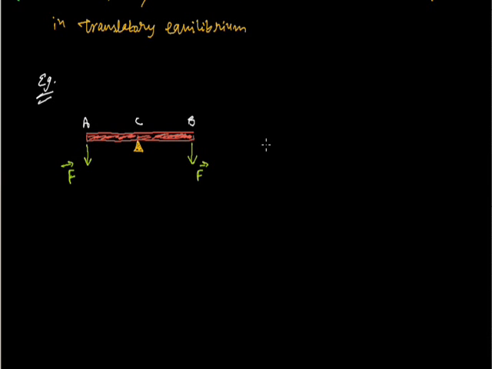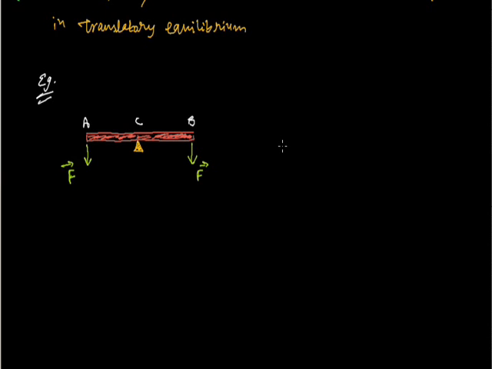Again the same light rod is placed on the peg at its center of mass, so it is balanced, and now two forces are acting at its two ends having the same magnitude and the same direction of action. In that case, the net rotational motion is not there for the rod because the forces are balanced with respect to the axis of rotation passing through the center of mass of the rod.